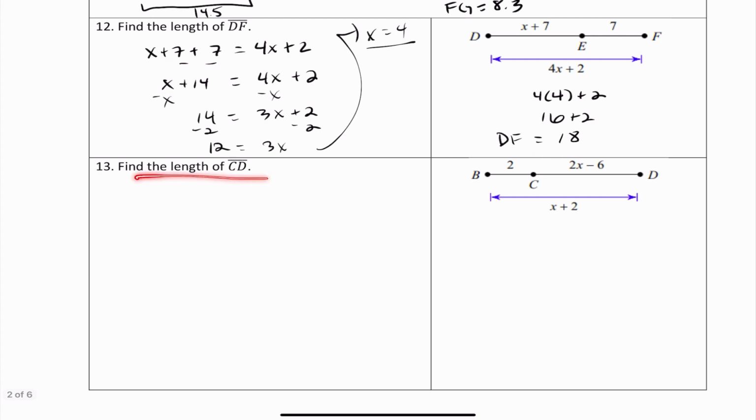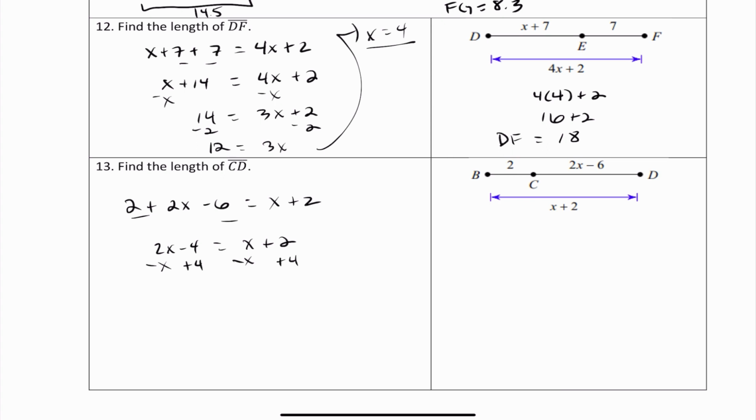Find the length of CD. Here's C, here's D. This is what I'm trying to figure out. Part plus part is equal to a whole. So 2 plus 2x minus 6 equals x plus 2. So that's going to be what? 2x minus 4, which is equal to x plus 2. I'm going to minus the x on both sides. I'm going to add 4 on both sides.